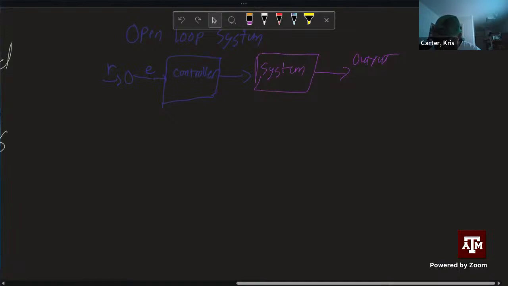Just as a note for y'all, let me do this in this blue. Open loop systems are typically lower cost.